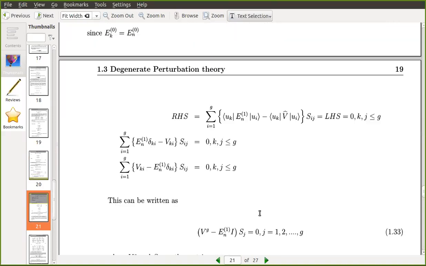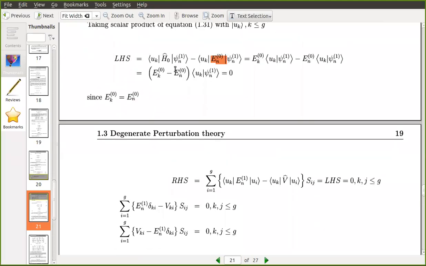So that equation becomes uk en of 1 ui minus uk v ui into Sij equals the LHS, which is 0. The LHS is 0 already because these two states are identical. Ek and En are the same because they are degenerate states.